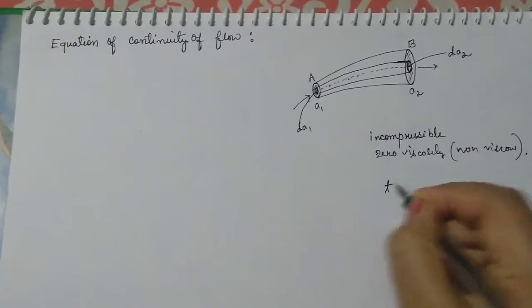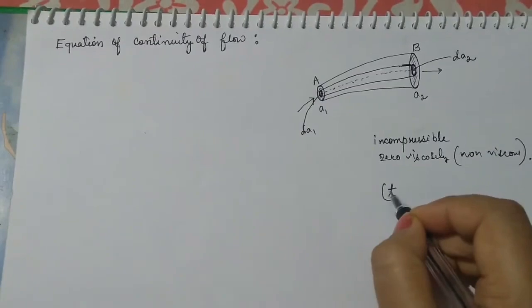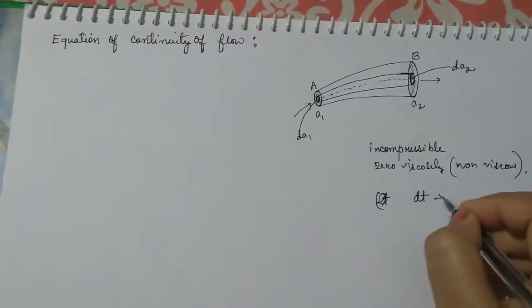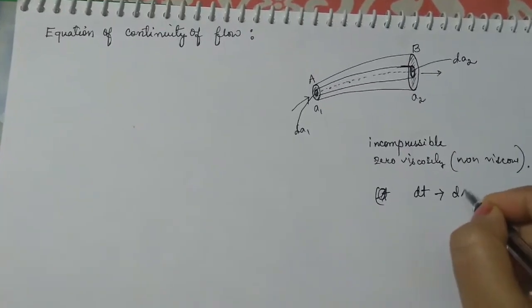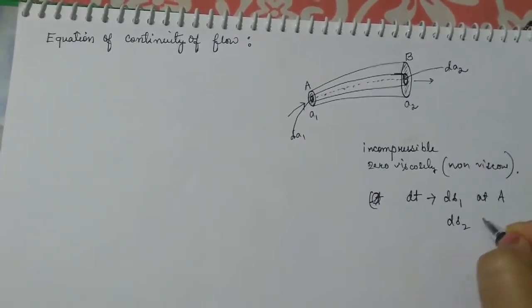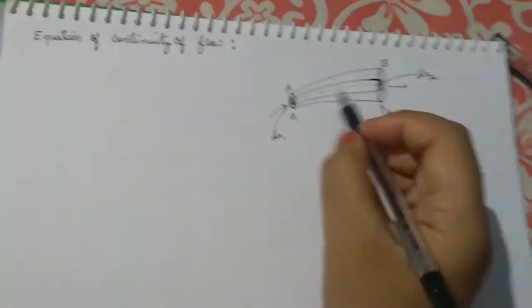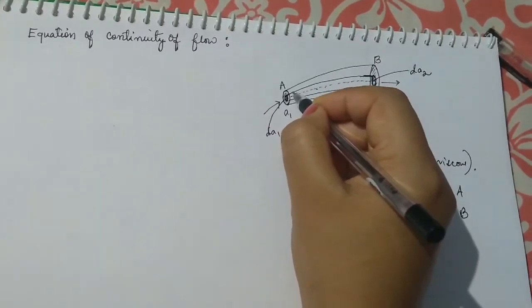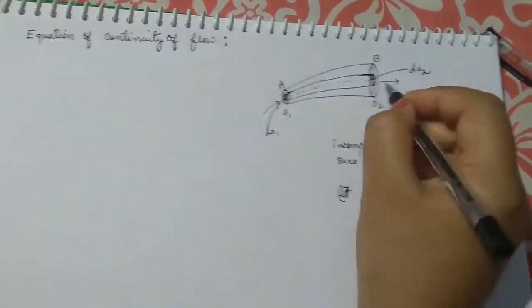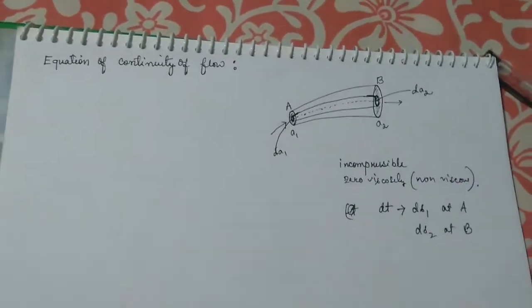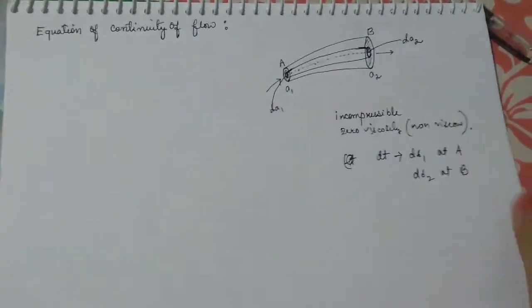Let us consider that in time dt the liquid flows through a distance ds1 at A and ds2 at B. Suppose this molecule reaches here, so in time dt it covers a distance of ds1, and here in time dt it covers a distance of ds2.